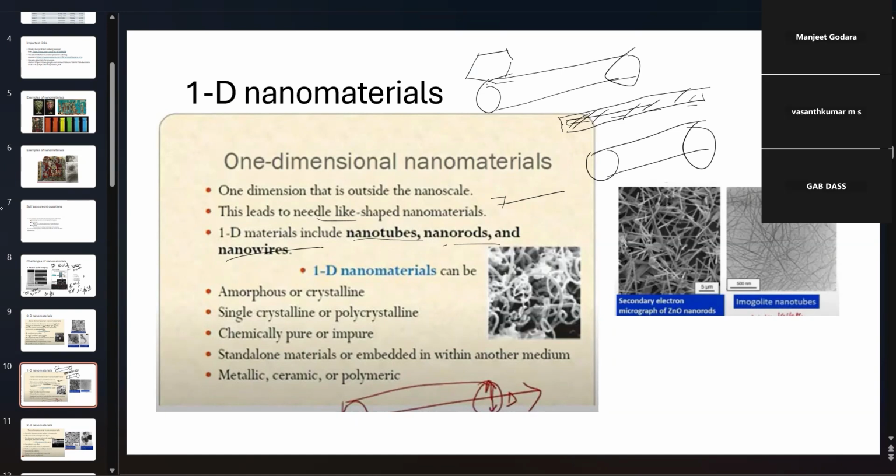Take carbon fiber, and all the things made of it: those fibers are in the nanoscale range, embedded in an epoxy matrix. They can be metallic, ceramic, or polymeric.